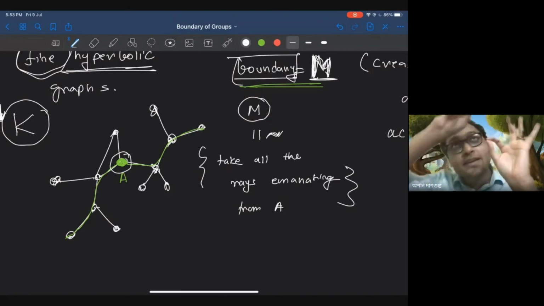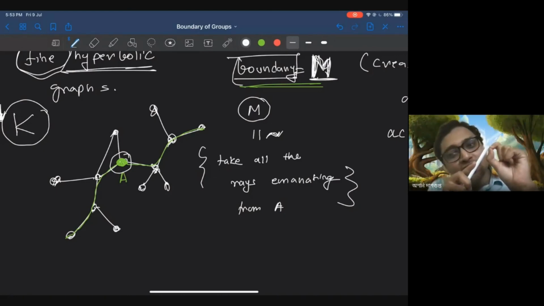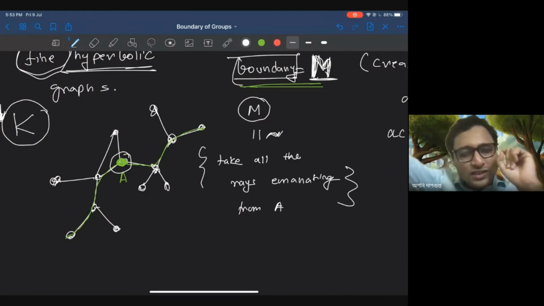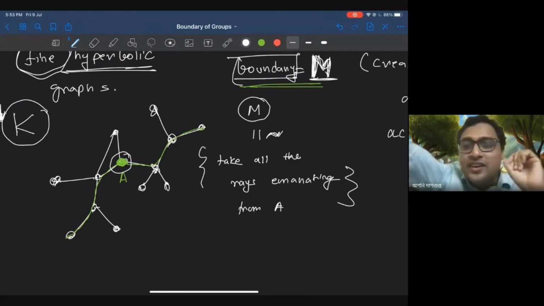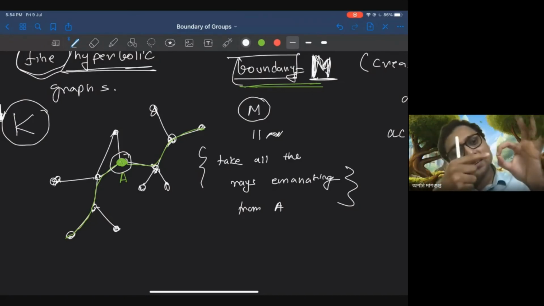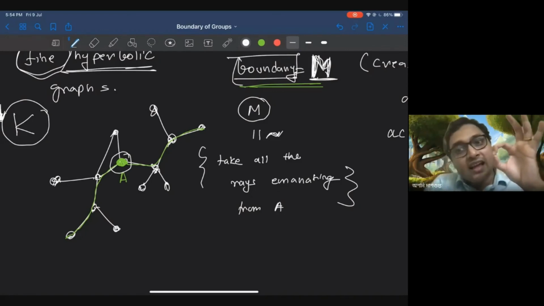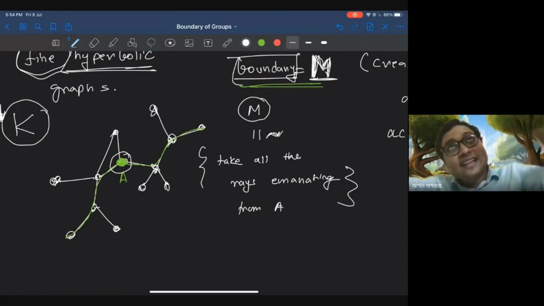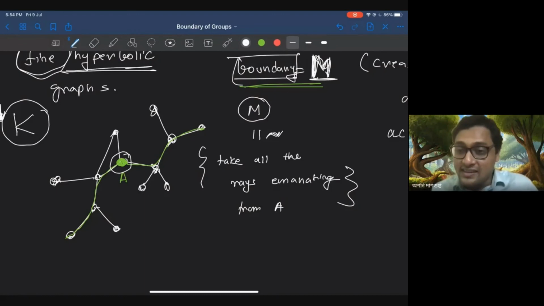Well, one way to do it is think about all the roads coming out of that point and leading off to infinity. That road is sort of hitting infinity, the boundary, at some point. So this is a different way of thinking about boundary. Take a point on your space and then think about a ray coming out of that point and take the collection of all of those rays, and then you have something called the boundary space.